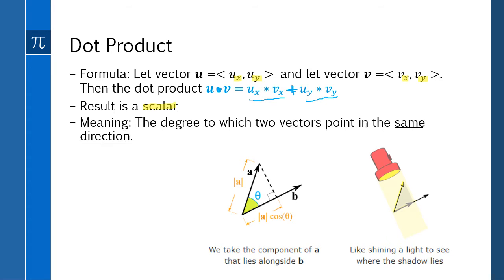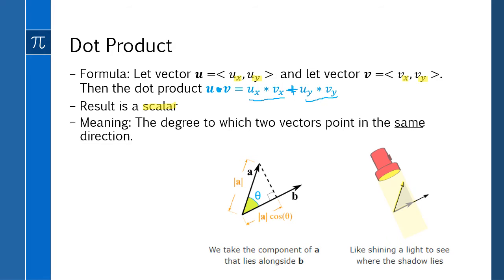So when you dot product two vectors together, the answer is no longer just a vector, it is only a whole number. And what does the dot product mean or represent? It, in layman's terms, tells you the degree to which two vectors point in the same direction.